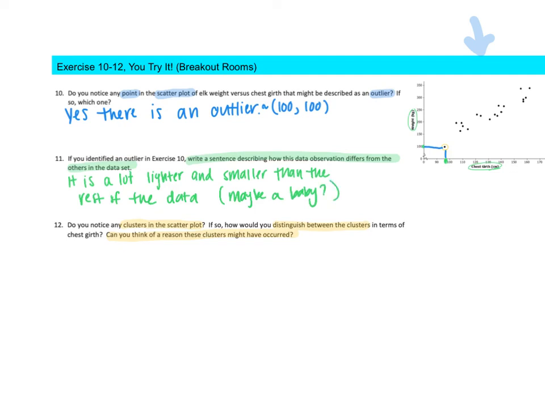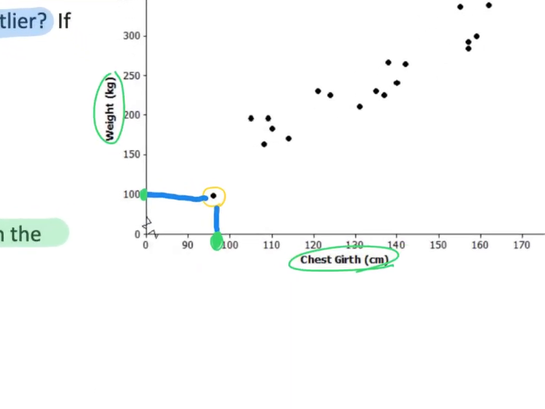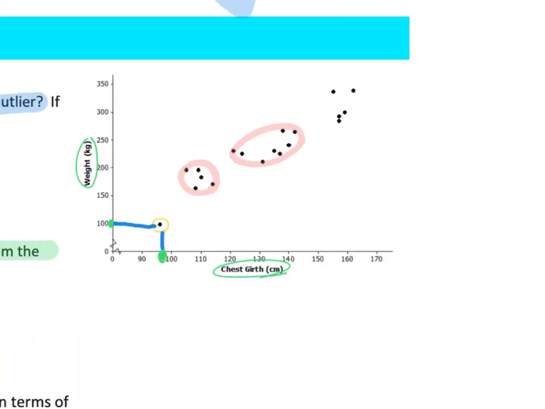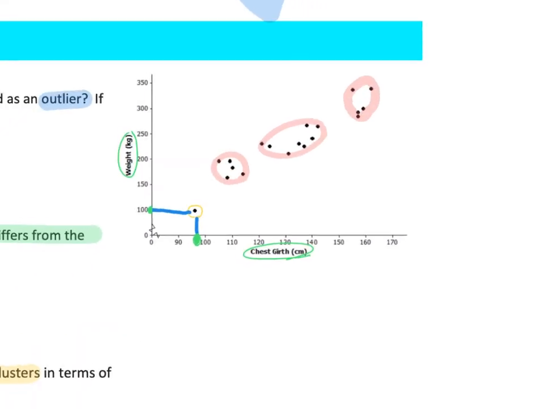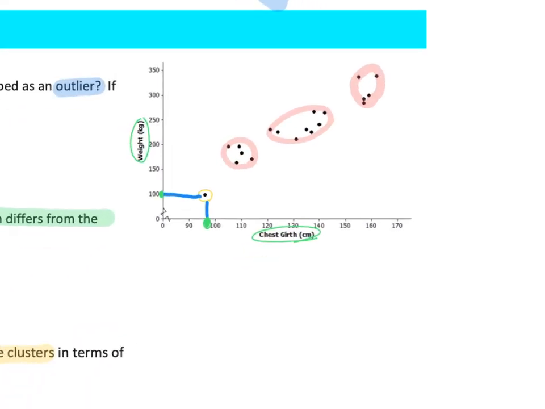Okay, and then it says, are there clusters here in this scatter plot? Well, yes, there are definite clusters here. So I have a cluster of points right around here. It looks like I have a cluster of points right around here. And then I have a cluster of points right around here. What does this mean? Well, maybe this is just like the age of these elk, right? So maybe this is like a teenager elk, and it's about 200 pounds and has a chest girth about 110.